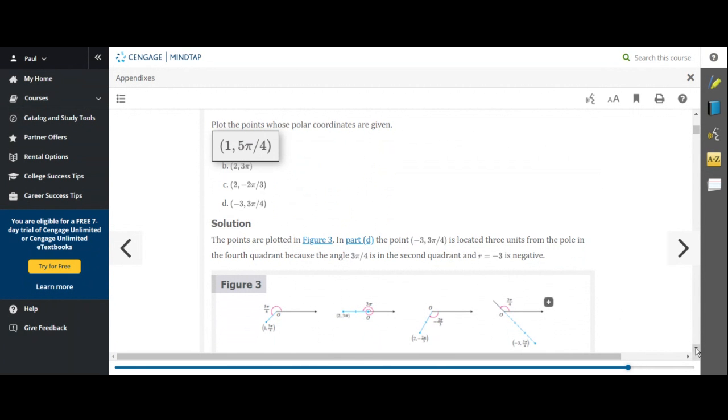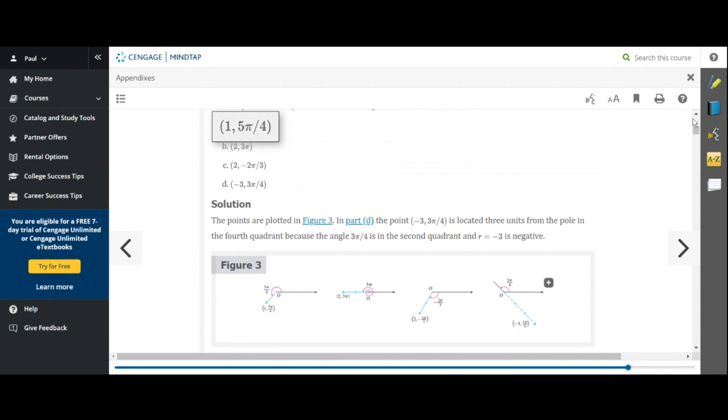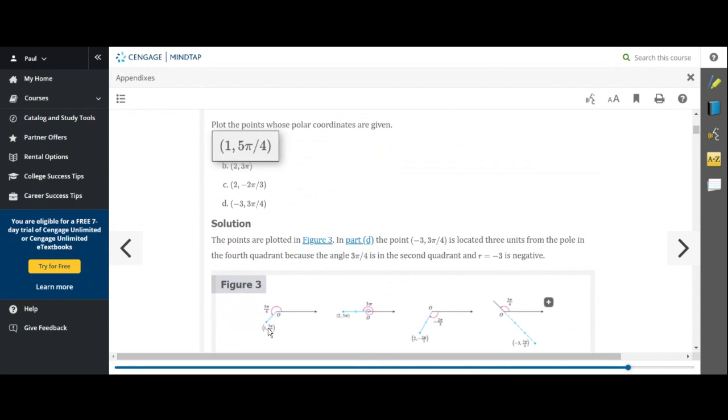So do you see here in figure 3 how, in the first picture, they've plotted the polar coordinate 1, 5 pi over 4? Okay, so what they do is they measure 225 degrees, and then they move from the origin a distance 1, and that's how they get that polar coordinate.